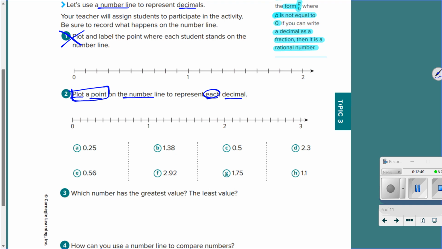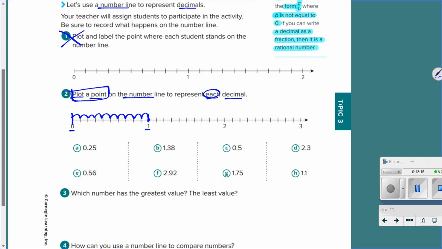One of the first things you need to do in these types of situations is figure out what type of system they are using. So I know that this line here represents 0. This line here represents 1. If I count, that means I have 1, 2, 3, 4, 5, 6, 7, 8, 9, 10 spaces between 0 and 1, correct?